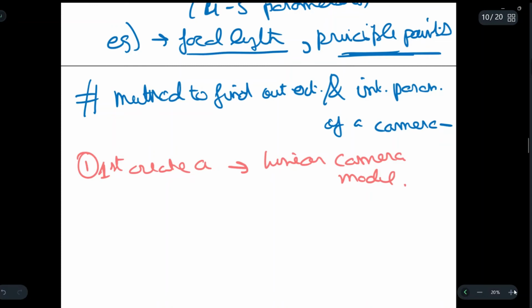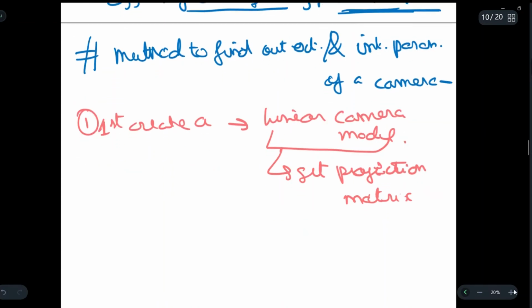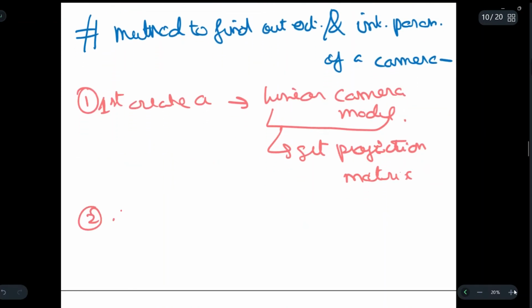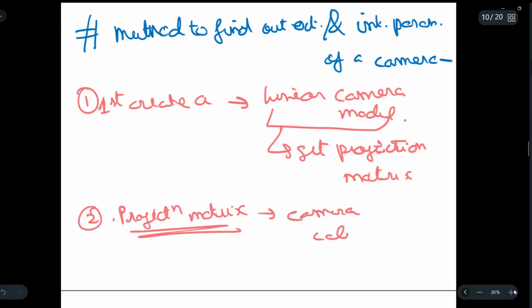From this linear camera model, we will get the projection matrix. Now the second point is that we have got the projection matrix. With the help of this projection matrix, we can do camera calibration.